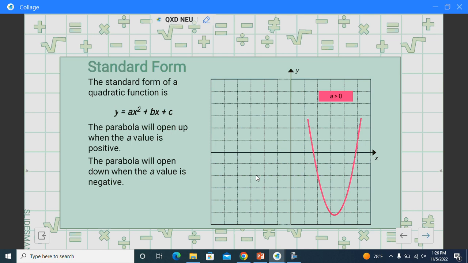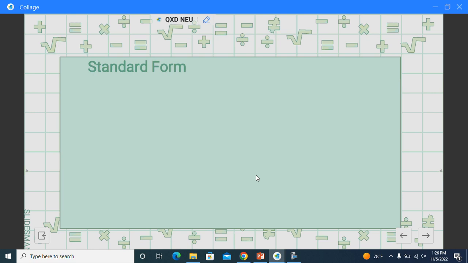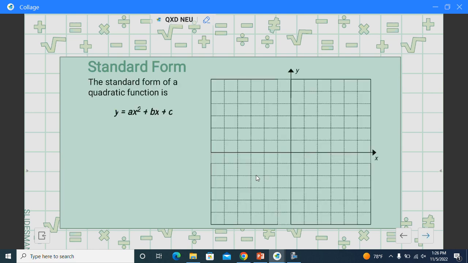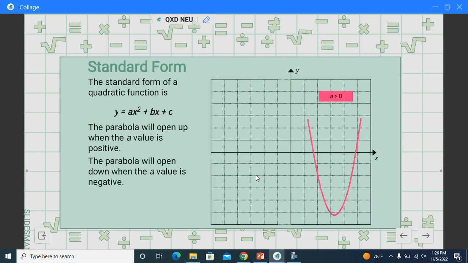So you have there a is less than 0 and your parabola should be facing downward. That is going down. Our vertex is here.